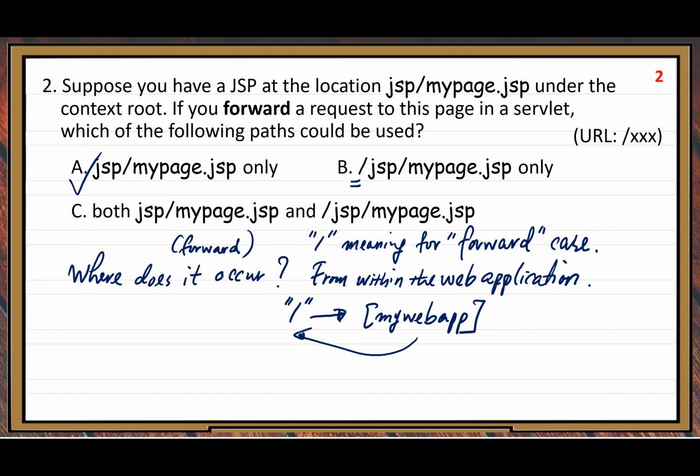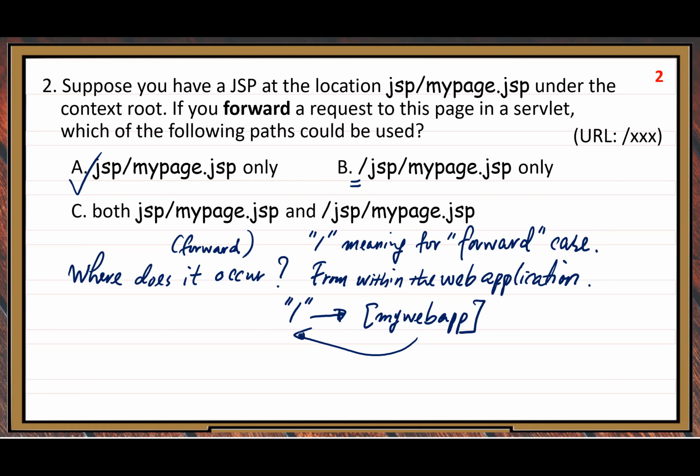That's the natural meaning, context root. For the previous one, you are at a web browser, right? The web browser is different. That's outside the server, outside any web application. So with respect to the web browser, the root is the server domain name.